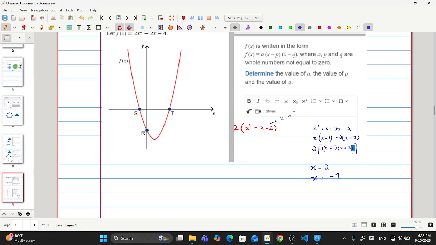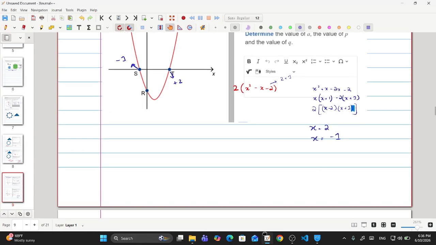How would we understand this? Which one would be which value? So, of course, T is supposed to be positive 2, and Q is supposed to be, sorry, S is supposed to be negative 1. So, yeah, this is how you're supposed to dictate all of those values.